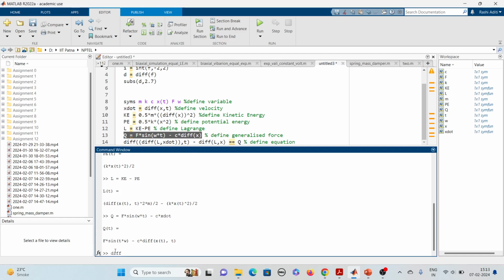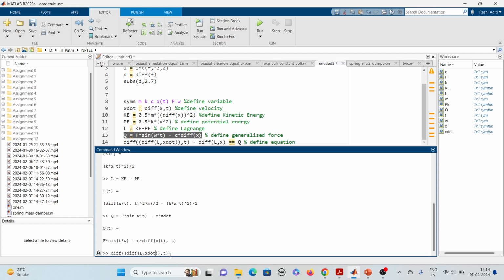So diff first is the differentiation with respect to time of some function, which is the differentiation of L with respect to x dot. So I'll say there is some function, comma, with respect to time. Now what is this function? This function is another differentiation, the differentiation of Lagrange with respect to x dot.